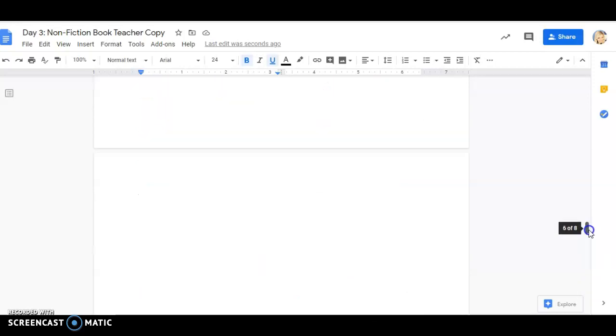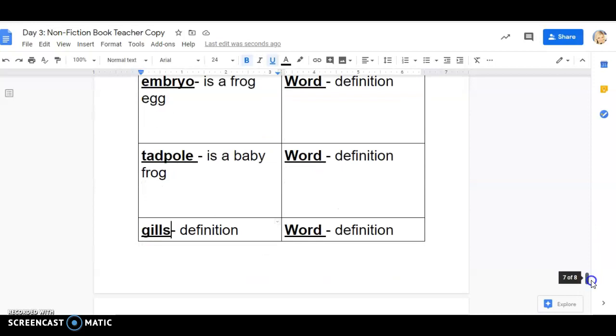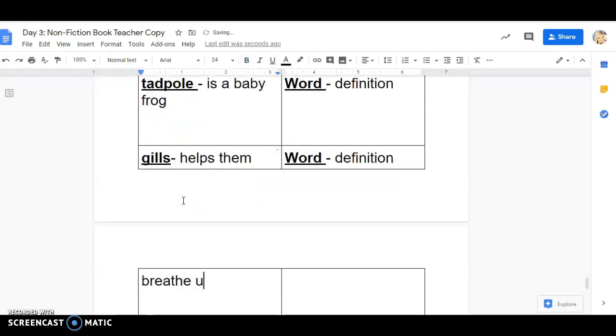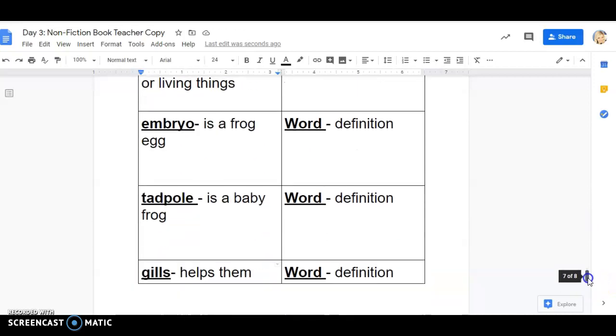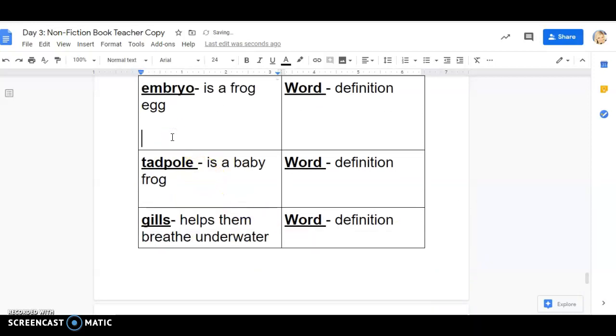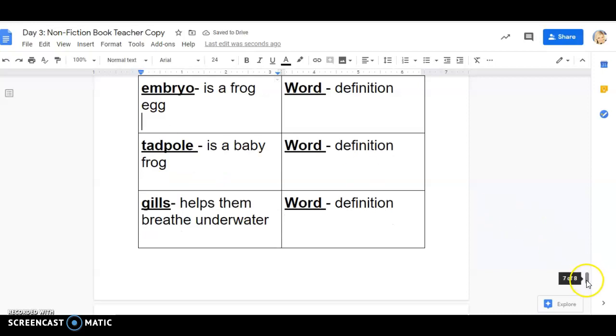Helps them breathe underwater. And it's okay if it goes to the next page. That's fine. Okay. I could even, since I have space there, I can move these up a little bit too.